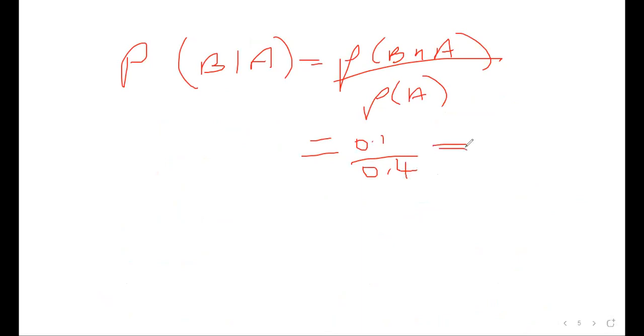So we can sort out that one. 0.1 divided by 0.4 is 0.25. So that's the probability of B given A.